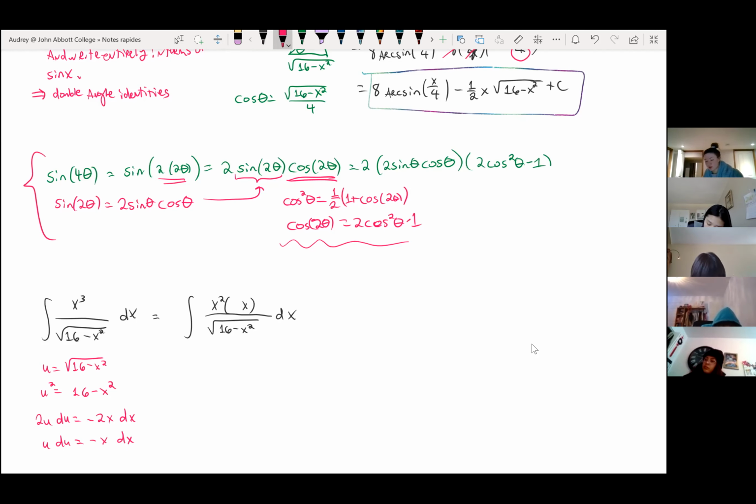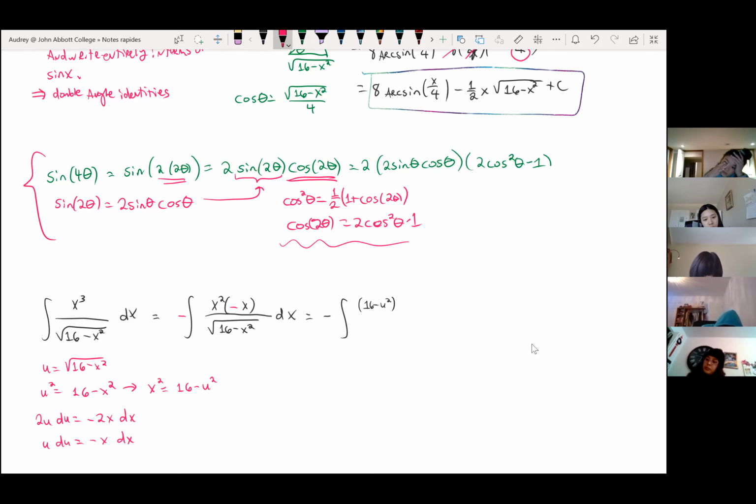And then I'm just going to multiply by a negative. Okay. So then we need to solve for x squared, and we get that x squared is equal to 16 minus u squared. So I have negative x squared is 16 minus u squared.